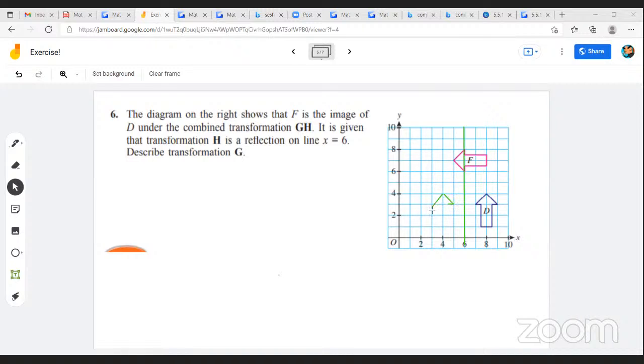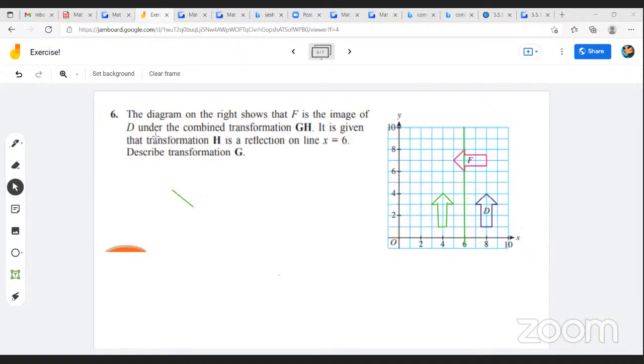So you'll get something like this because it's reflected to the other side. Okay, so from here we have the first reflection. So from D, we go here. And then after that, we need to find out how do we get this green arrow to F? How do we get green to become F?